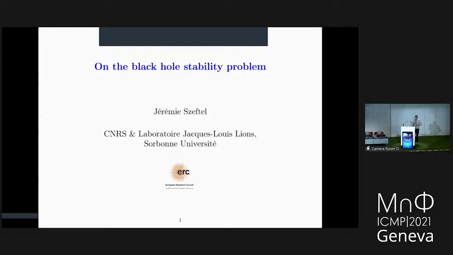But I find that repetition is not necessarily a bad idea, in particular in GR. And then I'll move to the history of this problem after having presented the conjecture. And then I'll present some results which are joint work with Sergiu Klainerman. And I hope to have the time to explain some of the ideas behind these results.